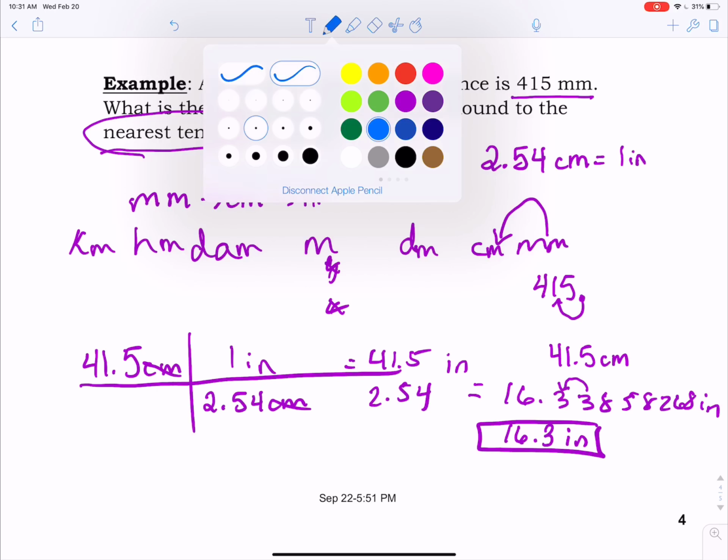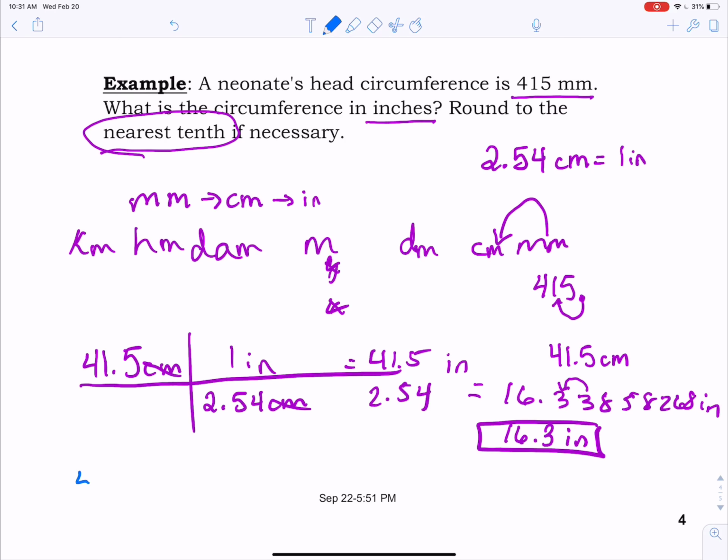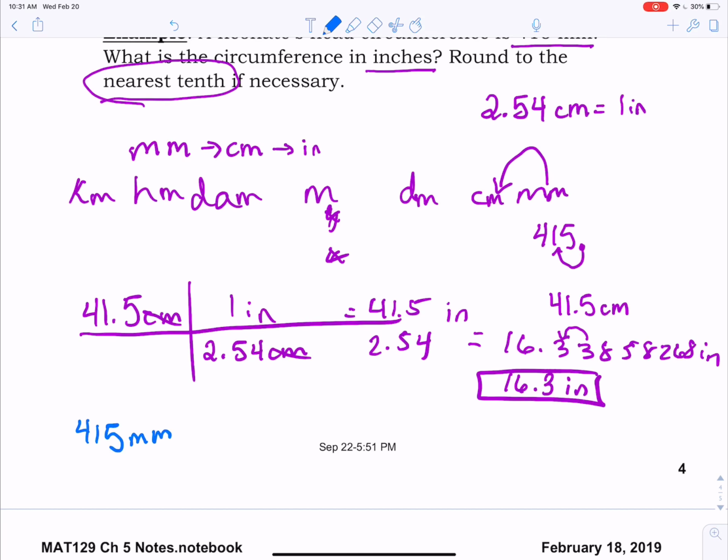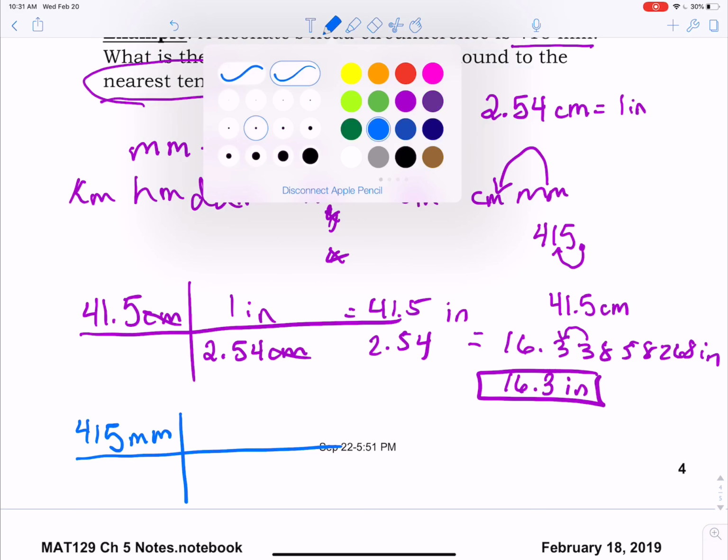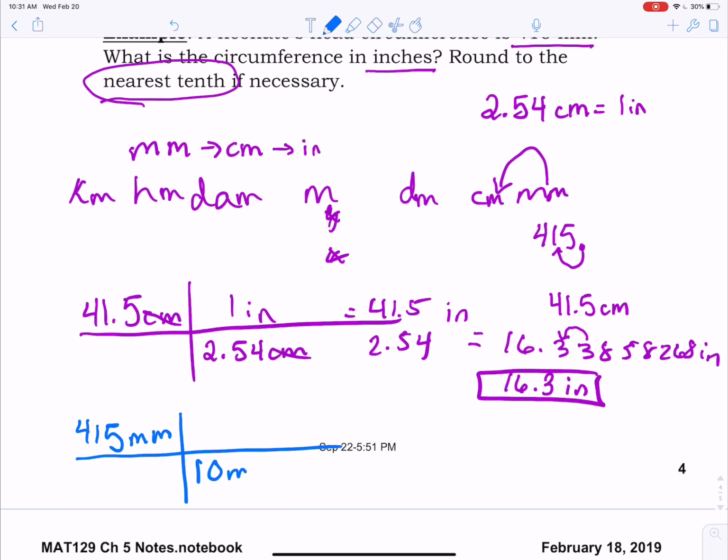Now I could have also done this whole thing in dimensional analysis. I could have started out with my 415 millimeters. And then I could have said, from my knowledge of the metric system, or using our King Henry died Monday drinking chocolate milk acronym, that I know there's 10 millimeters in 1 centimeter. And then our millimeters would cancel out, and we'd say that in 1 inch there's 2.54 centimeters.